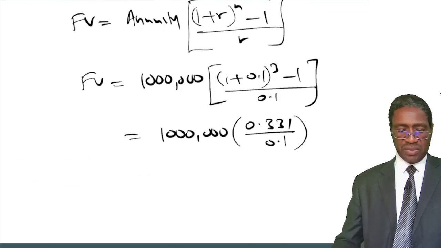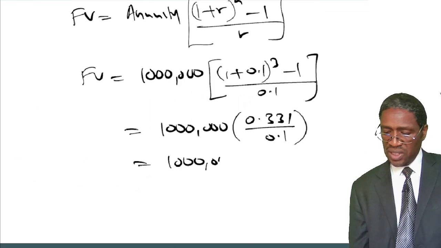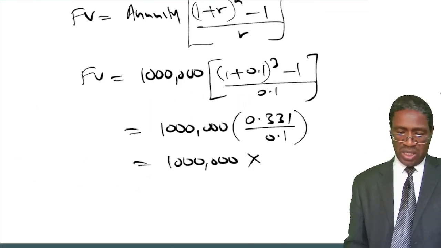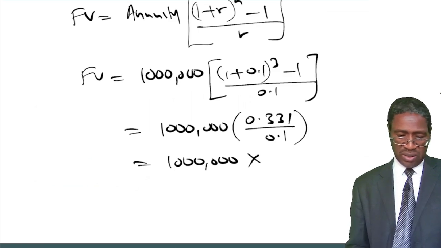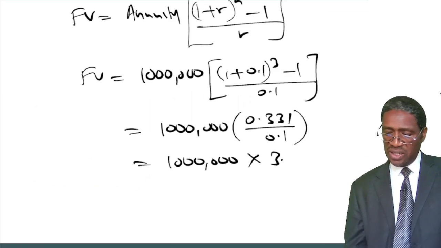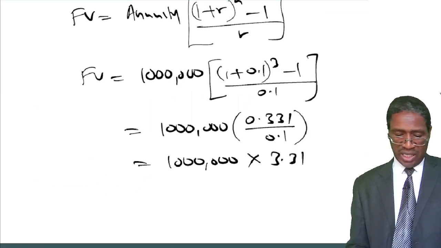Are you following? This will be 1 million times 0.331 divided by 0.1. So I'm getting 3.31. So finally, I get an amount of how much?